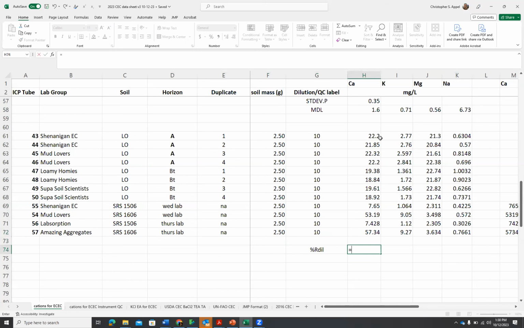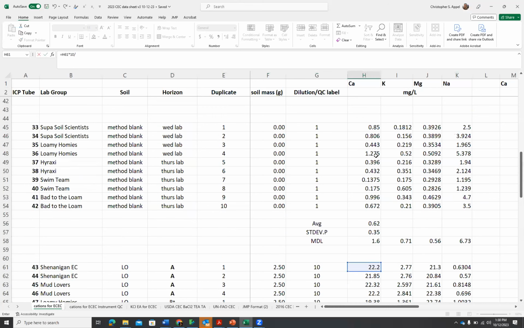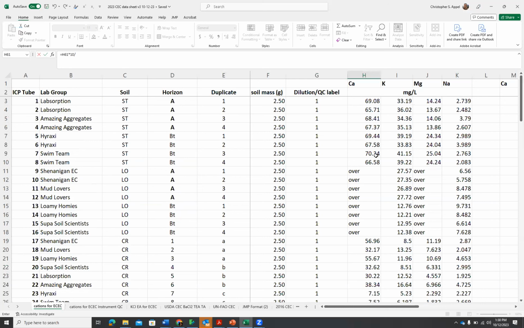So I'm going to say equals, and then that sample right there, which is diluted, times 10, because that's my dilution factor, divided by my undiluted sample. And this is Los Osos A number 1, so I'm going to go up to the top where I have Los Osos A number 1, and that's sample number 9, and just select that. It's over, so don't worry about that.